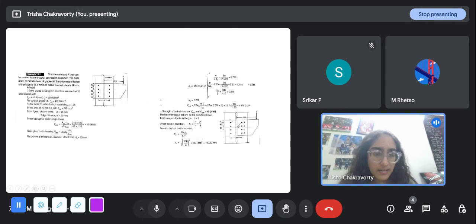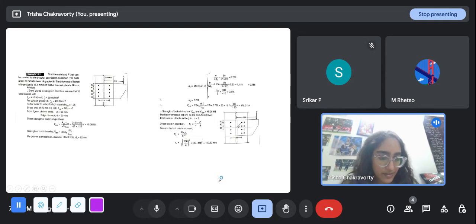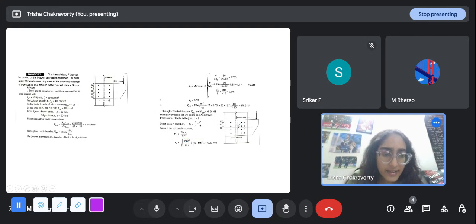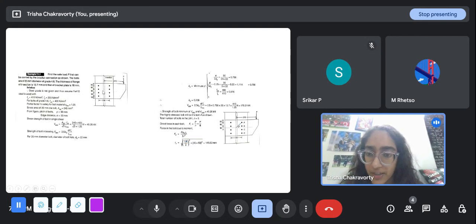Rn is this particular one, using the Pythagoras theorem: the base square plus perpendicular square, and the hypotenuse is the root of that. So 130 by 2, as the total is 130. So this distance is 130 by 2, that you square. And this distance is from this point, this is the center of gravity, right? So it will have 145 and 190, 90 plus 45, the center of gravity is somewhere here.